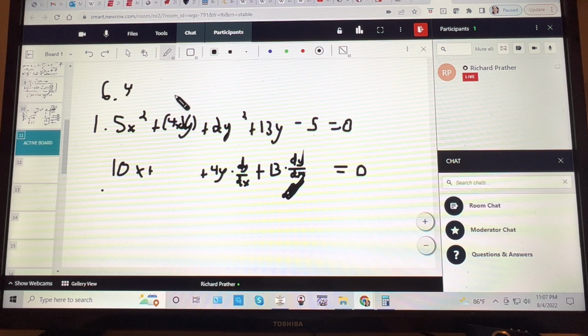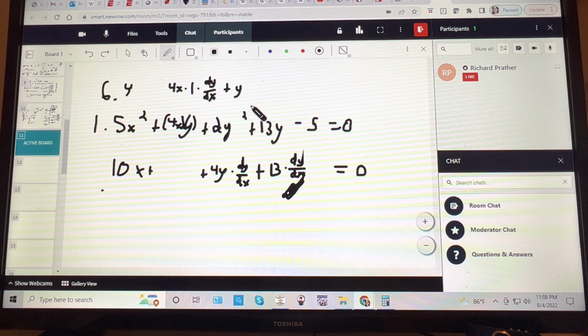So I'm doing the product rule: the first times the derivative of the second. The derivative of y normally would just be 1, but then you've got to multiply by dy over dx anytime you're doing a derivative of a y variable. So that's first times derivative of the second plus second.